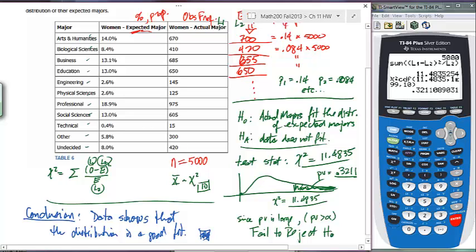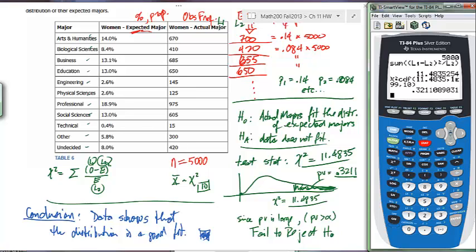Like I did before, I'm going to show you for the more advanced calculators, there's an actual GOF test, goodness of fit test, that's built in. So let's go to stat, test, and I'm going to hit the up button to find it a little bit quicker. So that's chi-square GOF.